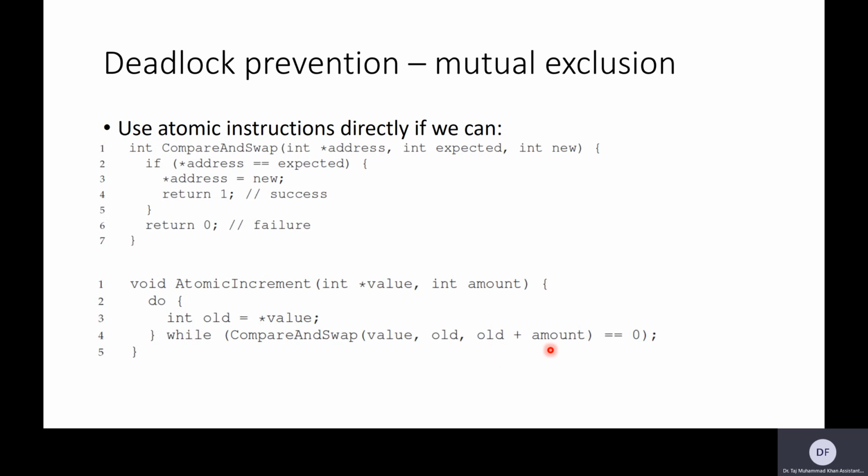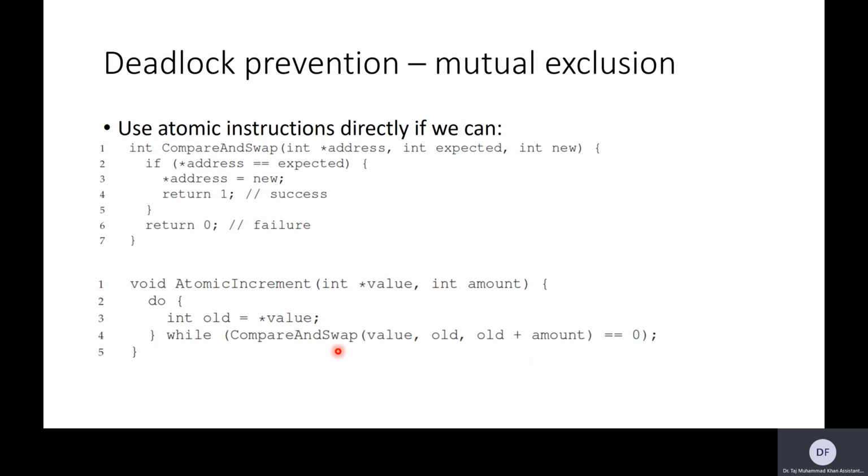It will check whether the value at this address is equal to the old value, and if it is true, it will replace the value at this address with the new value, which will be old plus 1. So the value will be incremented by 1, and this operation will happen atomically.